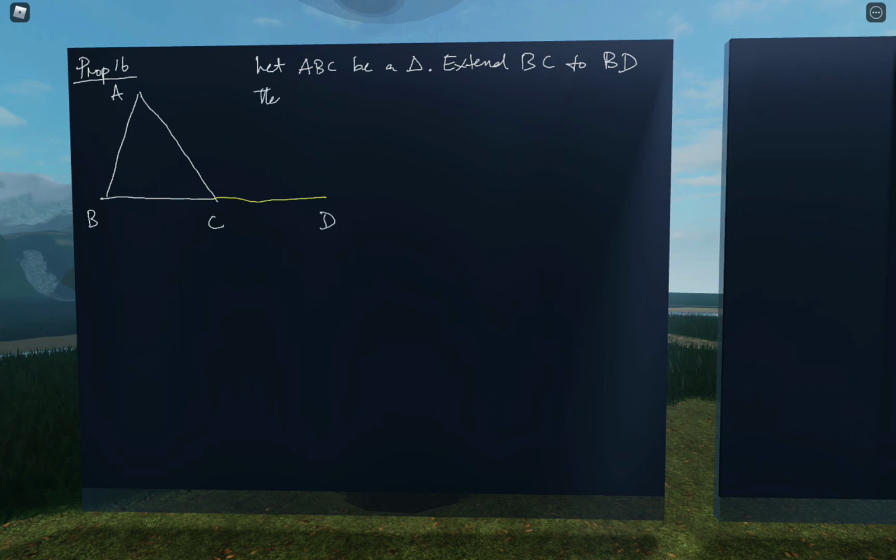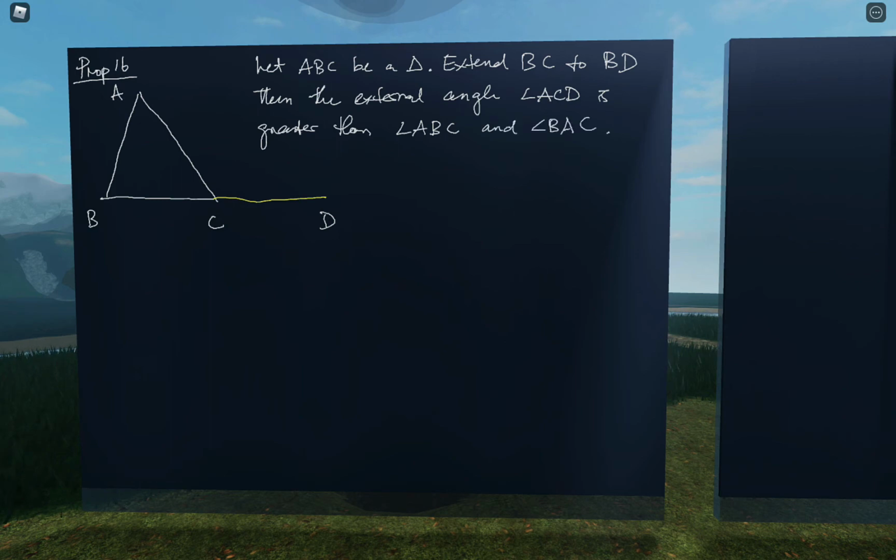Then the external angle, angle ACD, is greater than angle ABC and angle BAC.